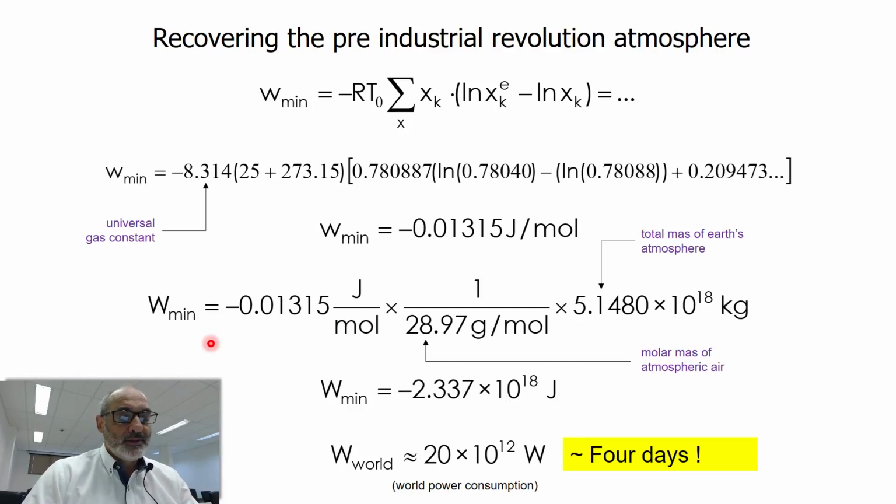I want to calculate this for the whole Earth. So I don't know how many moles of air I have, but I know the mass of air in our planet. It's given here, 5 exakilograms. Exa is 10 to the 18, okay.